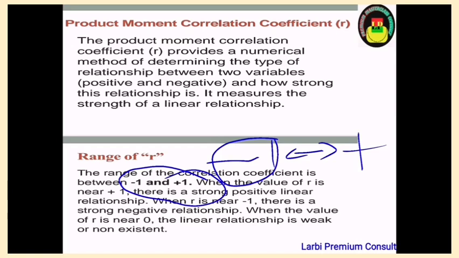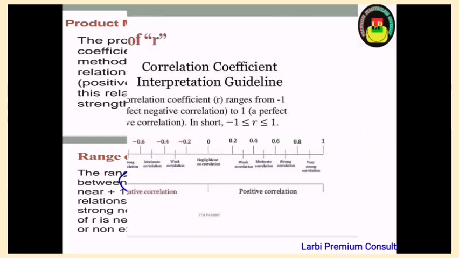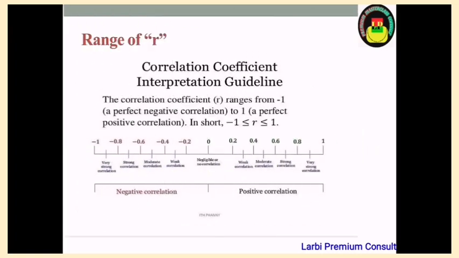So there is a strong negative relationship close to -1. If it's 0, then no relationship exists at all. So let's take note of that. It is always between -1 and +1. Please take note.